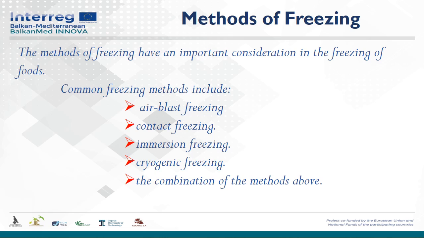The food product is first frozen by immersing it in a nitrogen bath in order to form a crust that helps the product retain its moisture and its aroma, and then the product continues freezing with the air blast freezer method. These are some of the methods of freezing that are used mostly in the food industry.